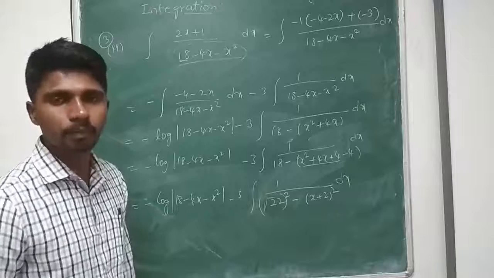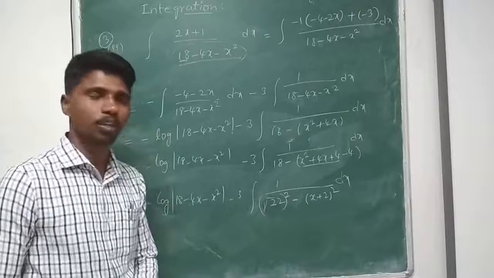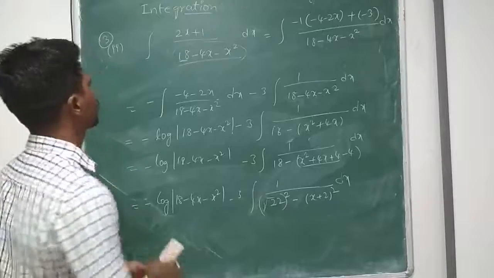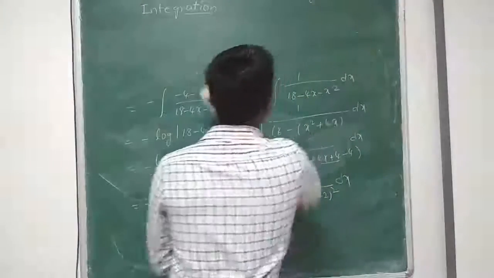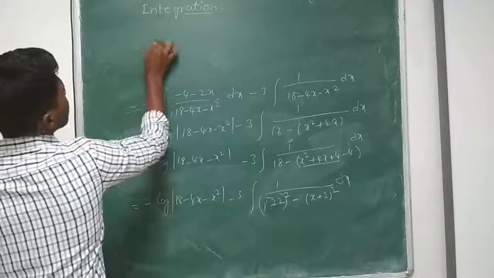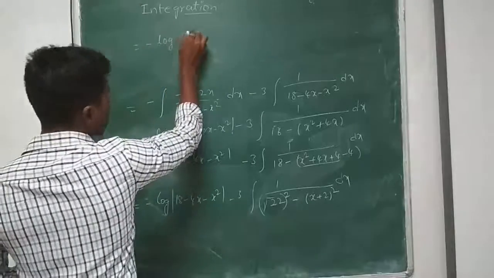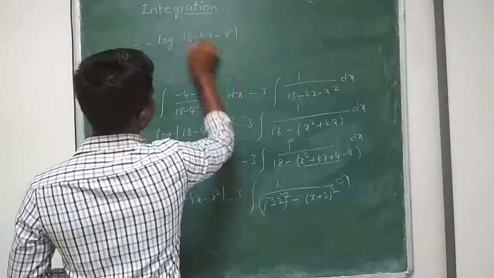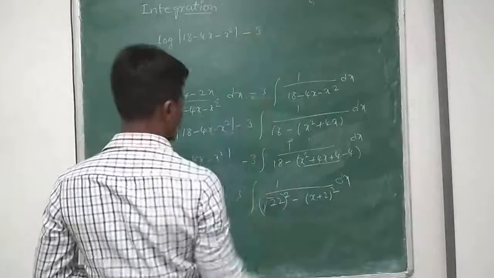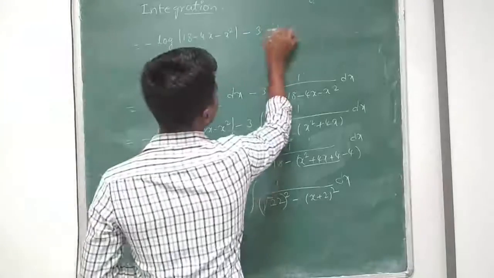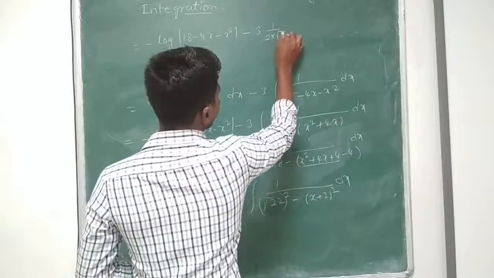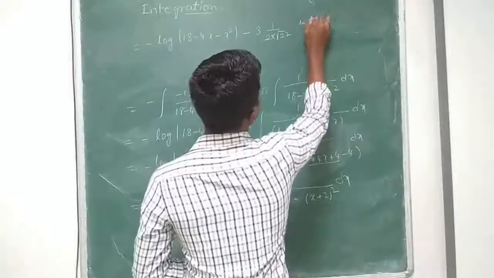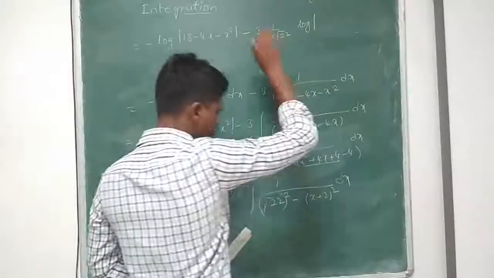So what is our answer? 1 by 2a log modulus of a plus x by a minus x. So we get its answer as minus log 18 minus 4x minus x square, minus 3 into 1 by 2a, 1 by 2 into a value root 22, log modulus a plus x.